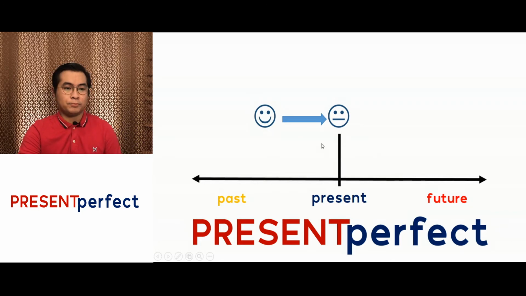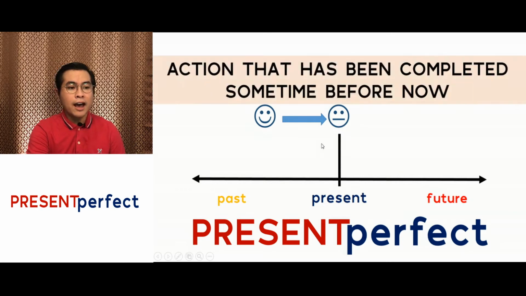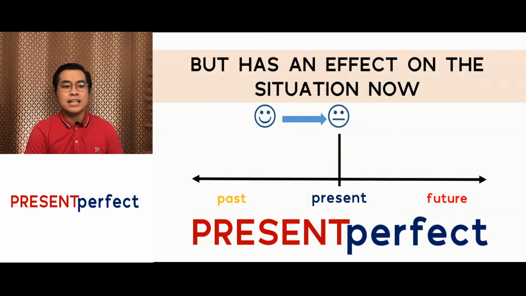So, an action that has been completed sometime before now. Here, if we refer to this graphic representation, the present perfect is this smiley, and the now or the simple present is your other smiley, which is not actually smiling. It's a poker face smiley. And it has an effect on the situation now.